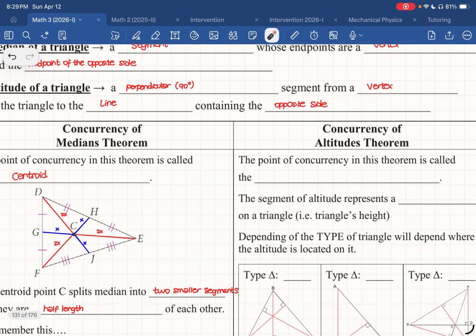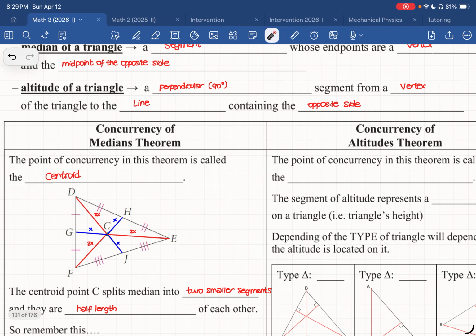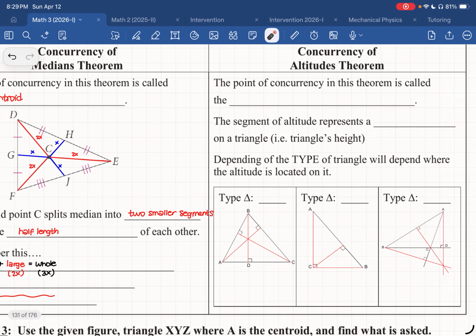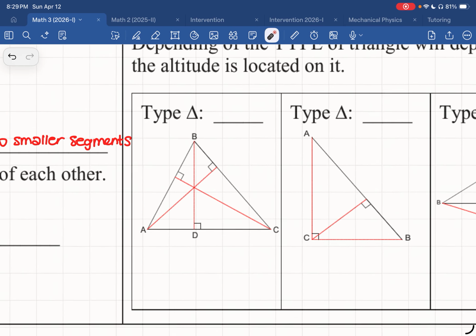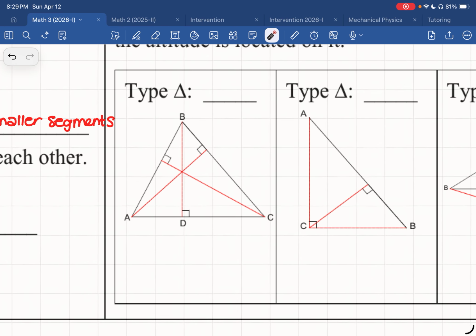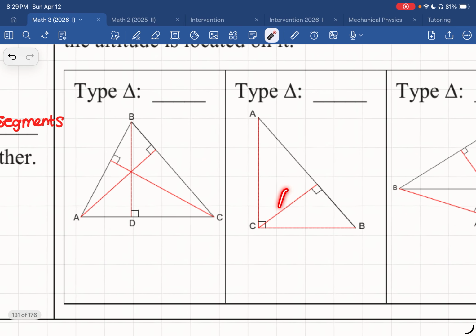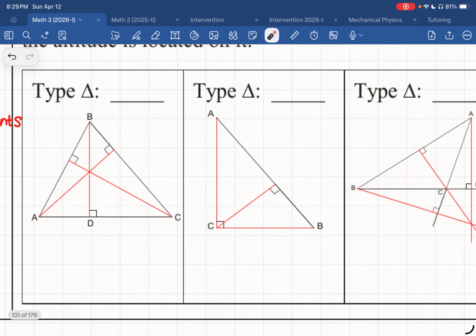An altitude, guys, is a perpendicular segment from a vertex of a triangle to the line containing the opposite side, okay? So I'm going to use this one first to show you how the altitude works, and then I'm gonna apply the same idea to find the altitude of this one and the altitude of this one, right?